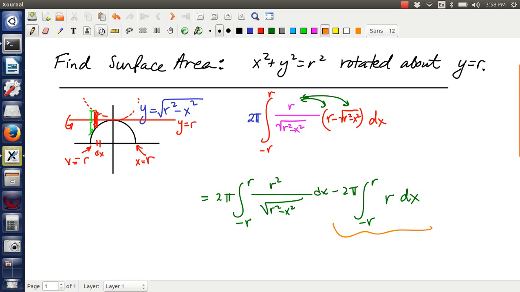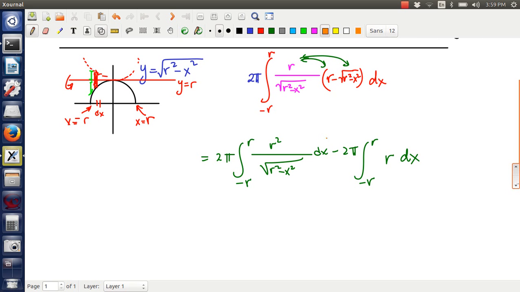Because it's just going to be r times x as x goes from minus r to r, so it's just going to be r squared minus a negative r squared. That's going to be a mess, right? Let me just do this out. So this piece, I'm going to keep the minus there, and then 2 pi times r times x, from minus r to r.